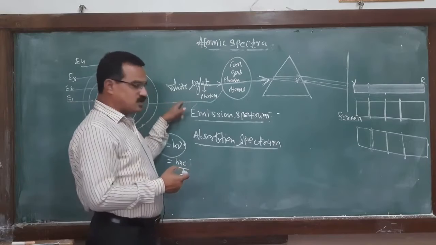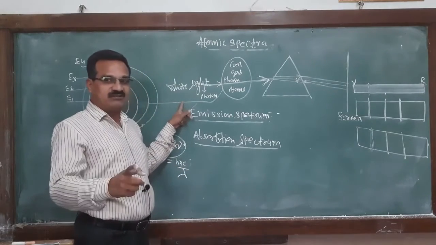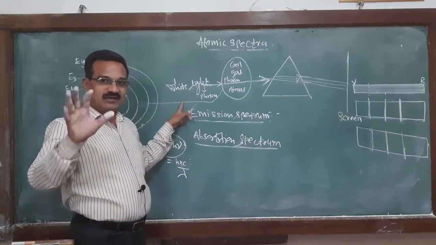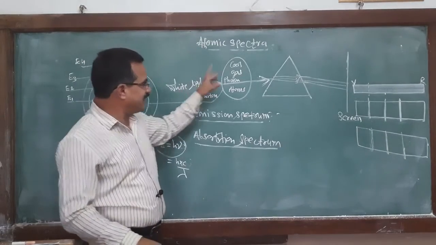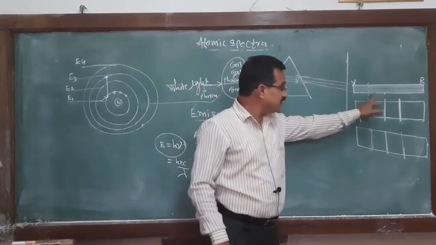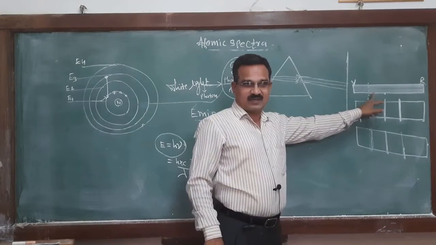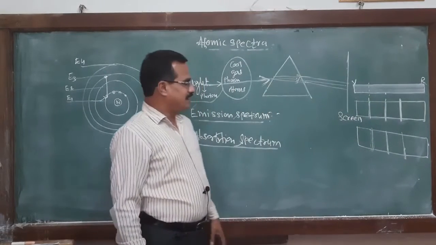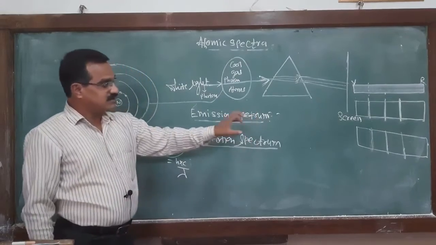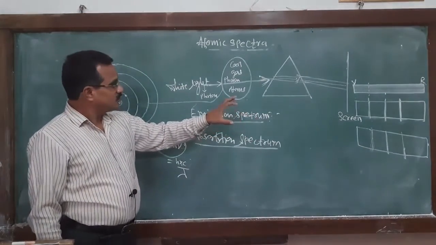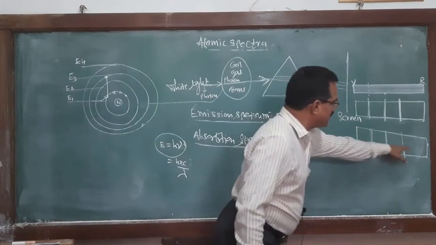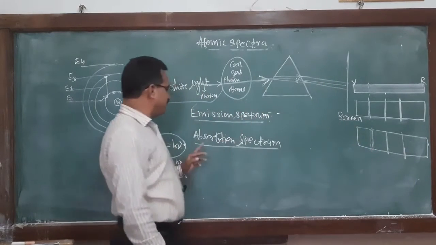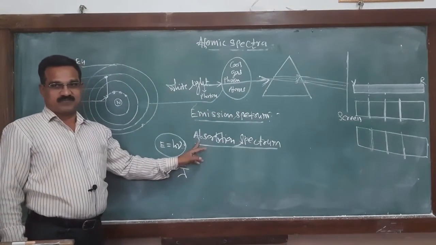For those absorbed photons, the corresponding wavelength or color is absorbed, and those lines cannot appear in the continuous spectrum. At those positions we get dark lines, and such dark lines together form a spectrum, which we call the absorption spectrum.